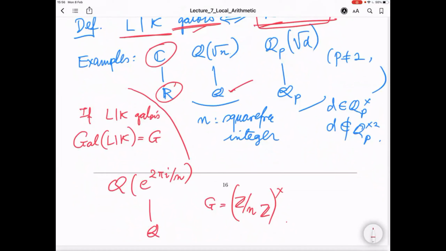Anyway, so these are some examples of Galois extensions. These first three are quadratic extensions, which means they are extensions of degree 2: C over R, or Q root N over Q, or Q_p root D over Q_p, where D is in Q_p star, but not a square.